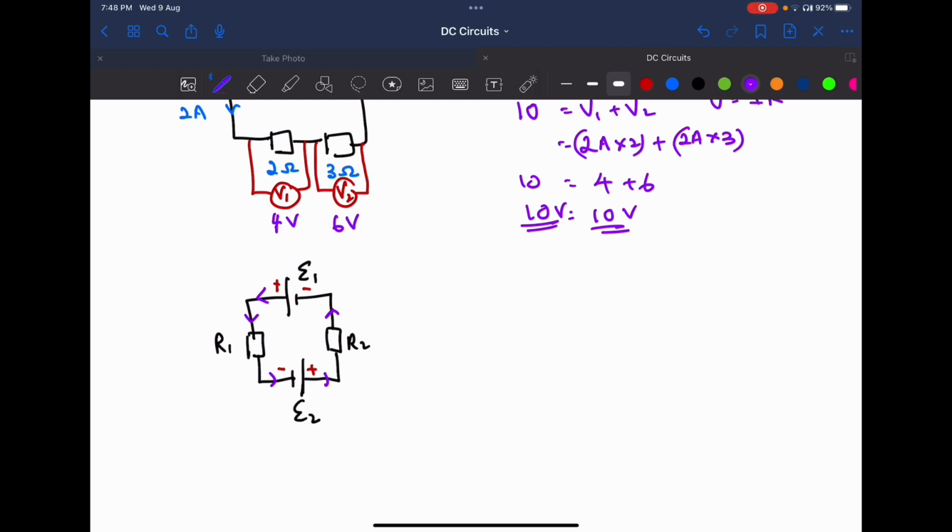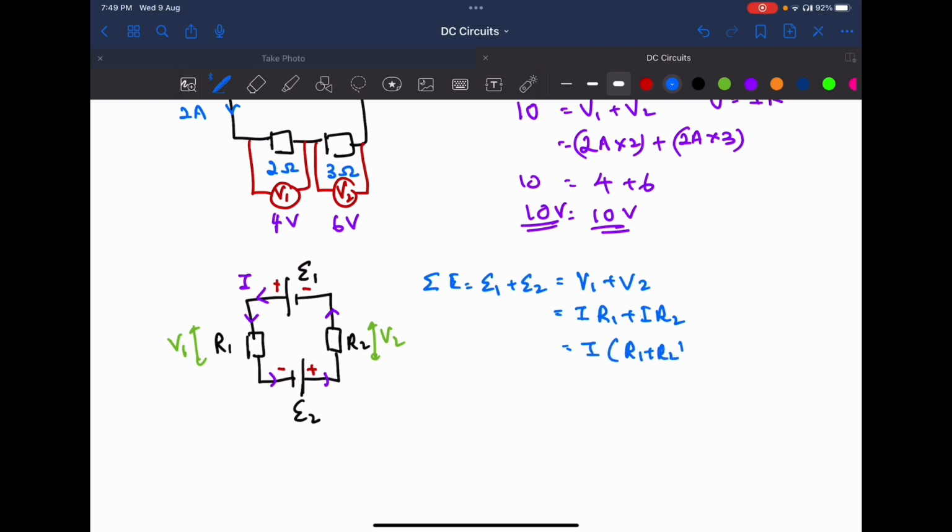Okay, so once you have verified, the total EMF is E1 plus E2. We can add both EMFs, which equals V1 plus V2. So here is V2, here is V1. Okay, and say the current passing through is I. Therefore E1 plus E2 equals I R1 plus I R2. So I equals (E1 plus E2) over (R1 plus R2).